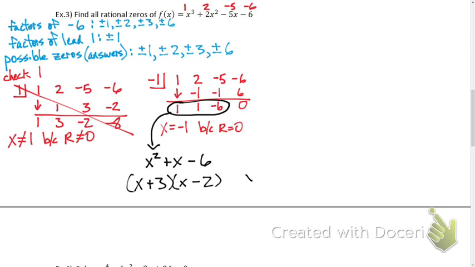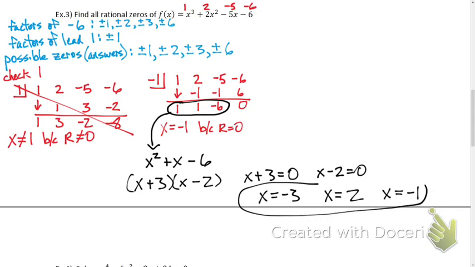So that means one of the correct answers is -3. And the other correct answer, whoops, not plus, is +2. So if we had guessed -3 or +2, we would have gotten a remainder of 0.